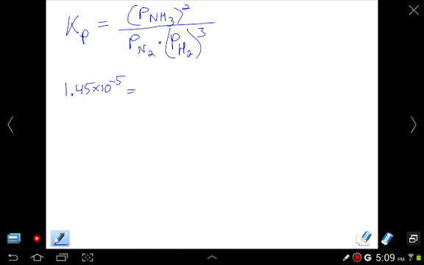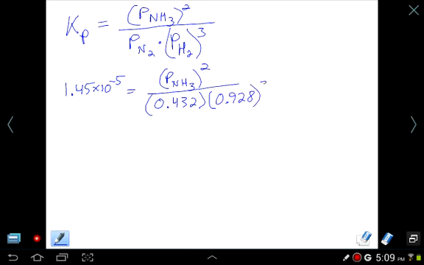So we can just keep it as pressure of NH3 quantity squared divided by the pressure of N2, which is given to us as 0.432 atmospheres, and the pressure of H2, which is given to us as 0.928 atmospheres. We'll have to cube this value. So what we'll have to do is move these two over to this side and then solve for NH3.